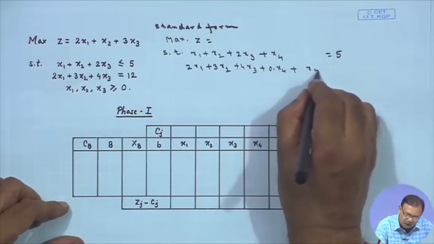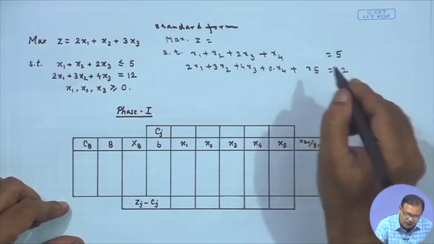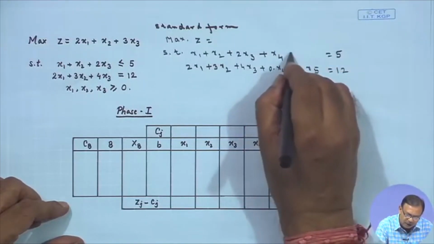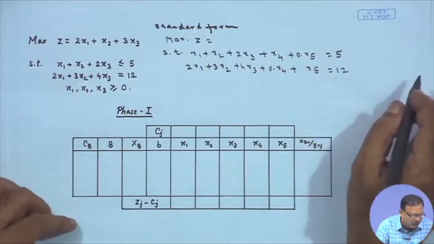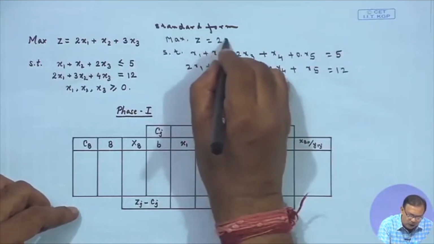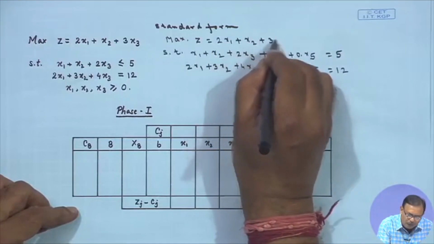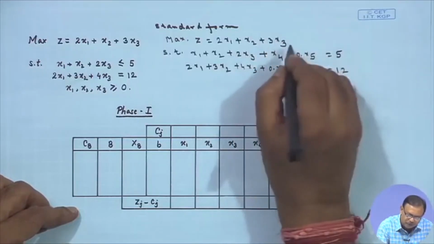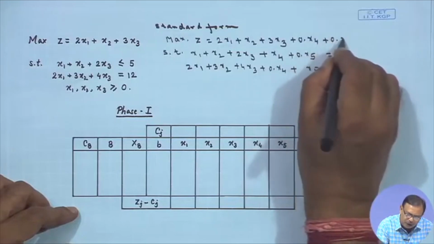So, plus x5, this is equals to 12, and here it is plus 0 into x5. So, that you are writing your problem as 2x1 plus x2 plus 3x3 plus 0 into x4 plus 0 into x5.